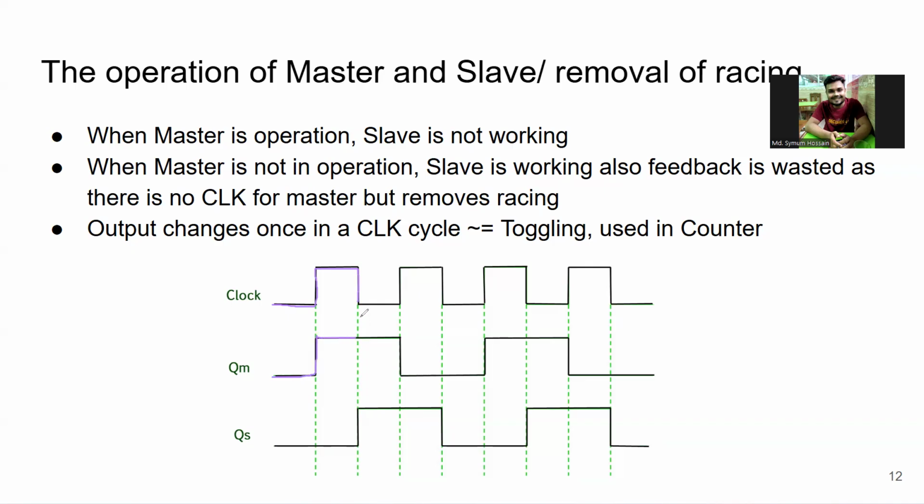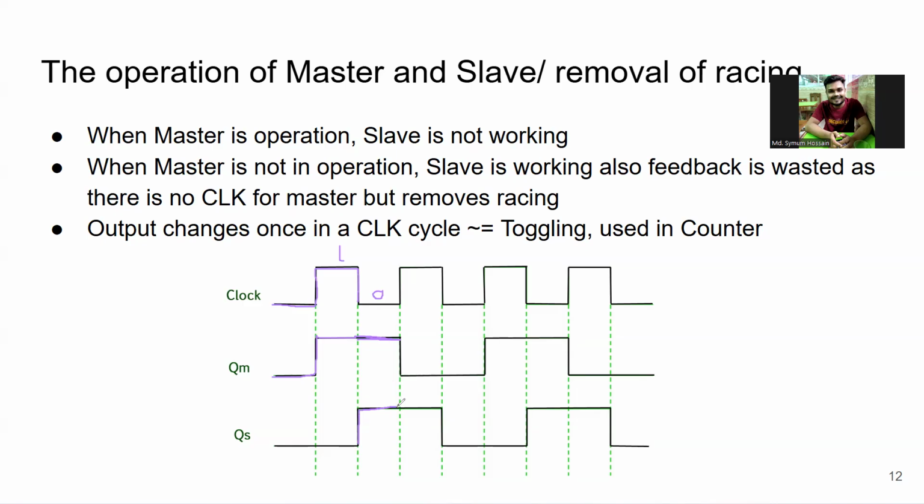While the clock value is 0, the master will remain as it was, because we know that when the clock is 0, the flip flop only stores the memory state. So it remains as it was in the last state. But as you can see, the slave is in operation.